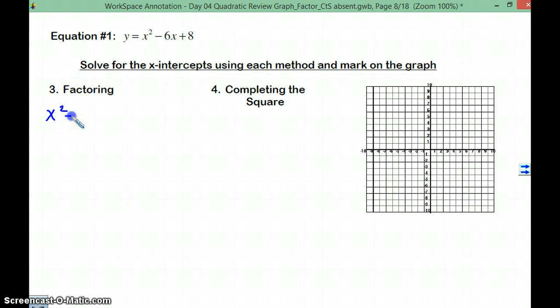So we go to x squared minus 6x plus 8 equals 0. How do we factor something like that? We've got 8, x squared, minus 6x. Let's do minus 4x minus 2x.